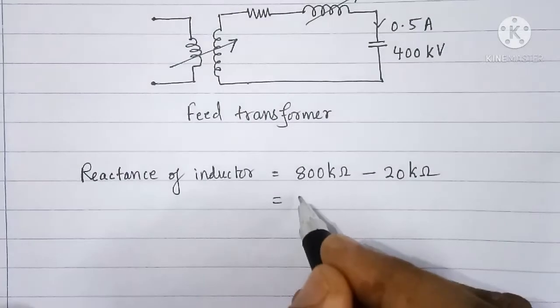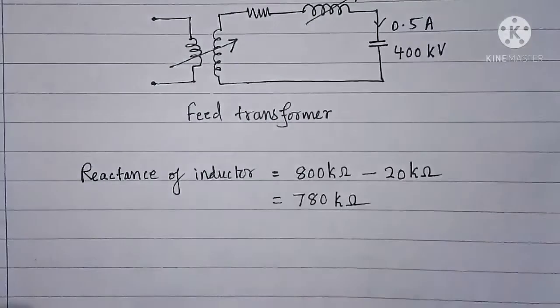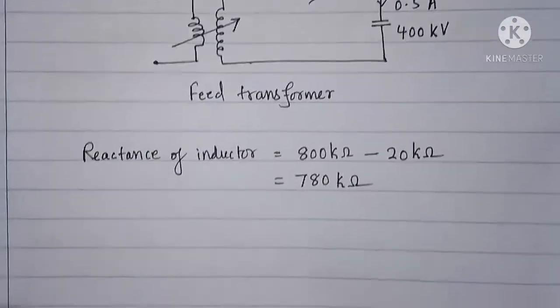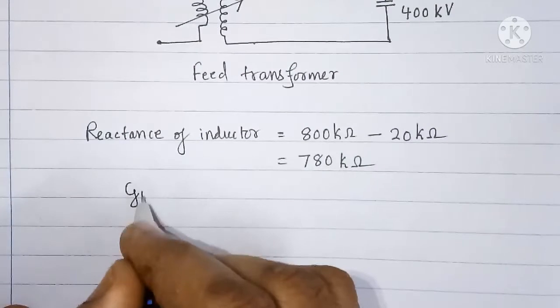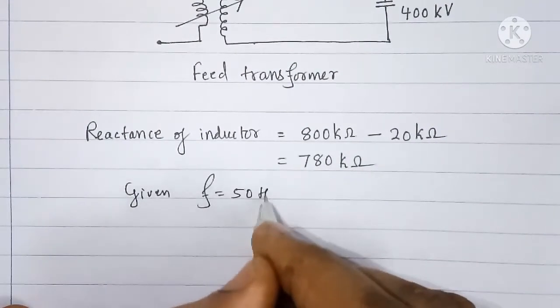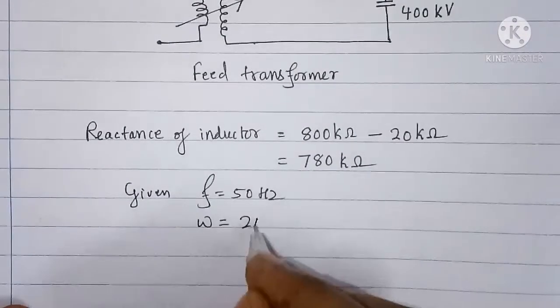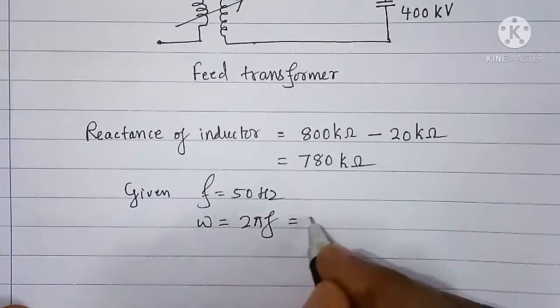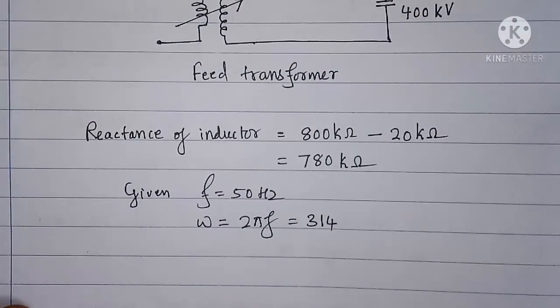So subtracting we get 780 kilo ohm. Given f equal to 50 hertz, therefore we can calculate omega as 2 pi f, approximately equal to 314 radians per second.